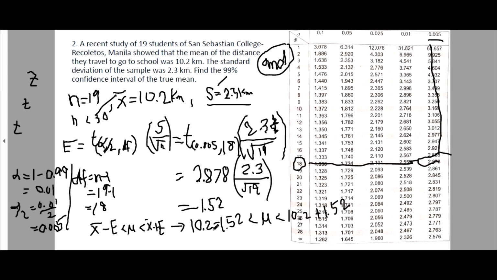So let's compute. The answer is 8.68. Our lower limit is 8.68, and our upper limit is 11.72.